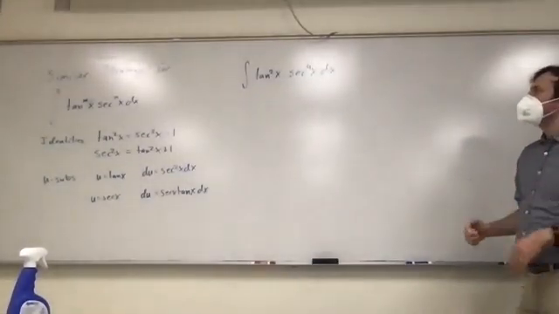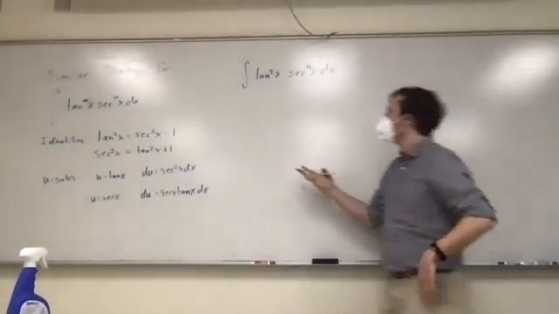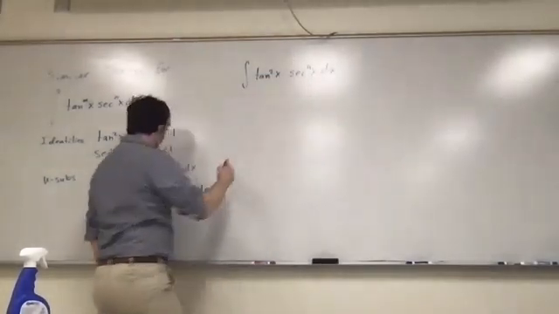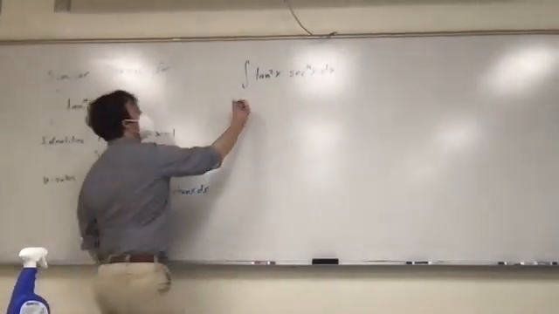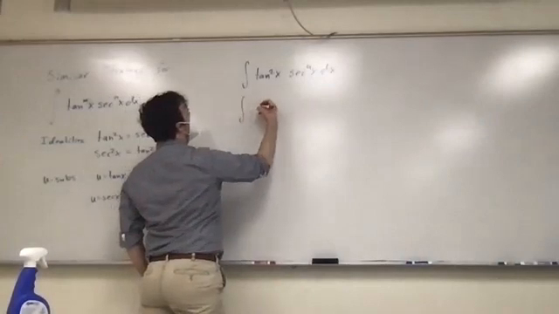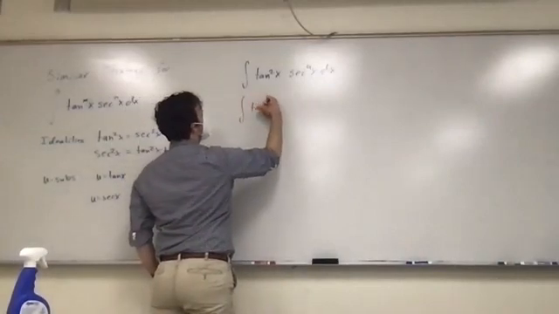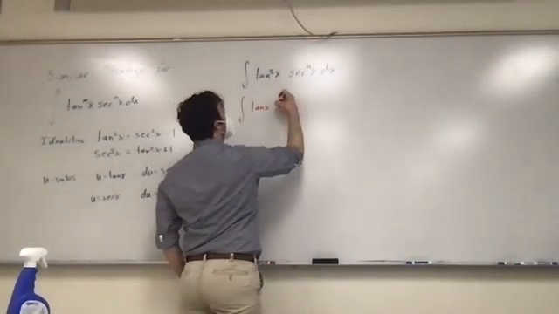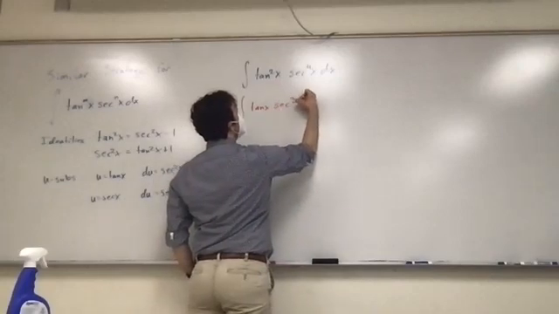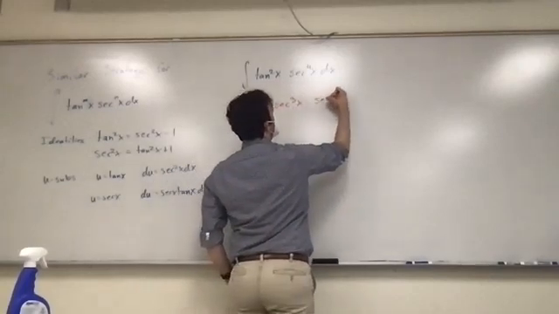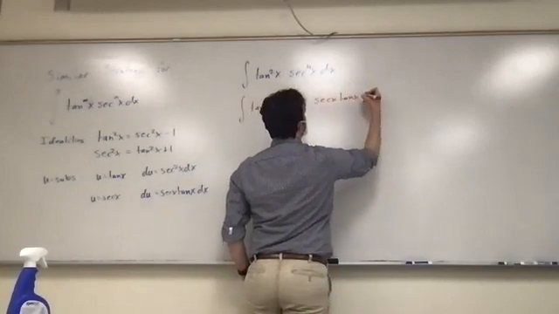So using red for this doesn't work. If you set aside a secant and a tangent, then you have one tangent left, three secants left, and then your secant x tangent x.